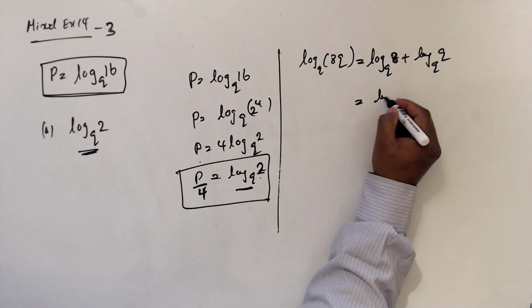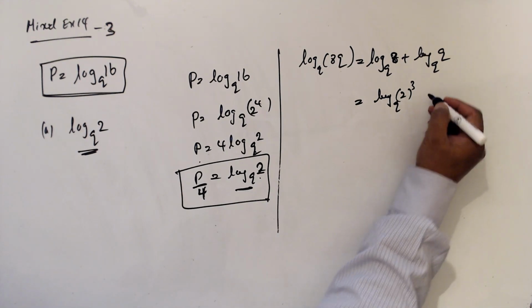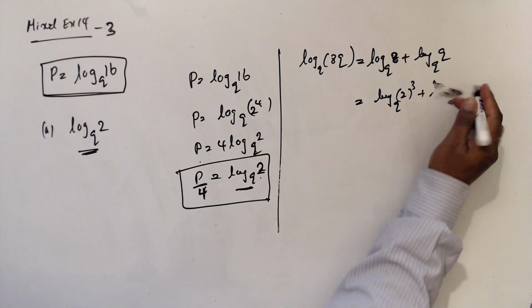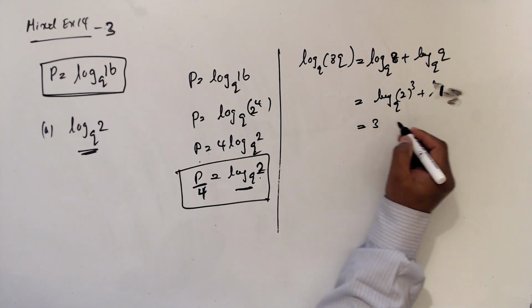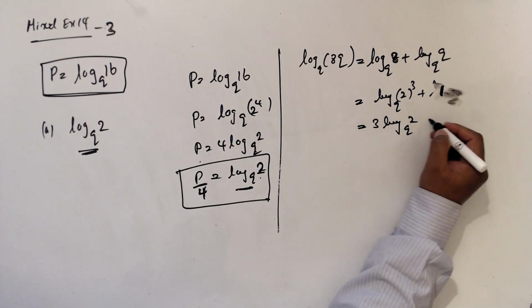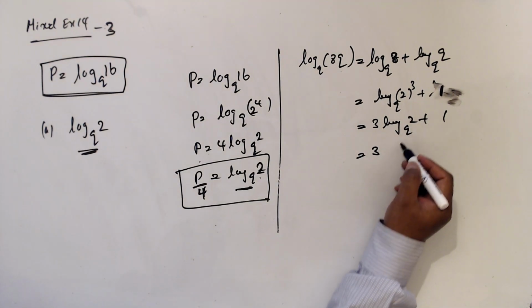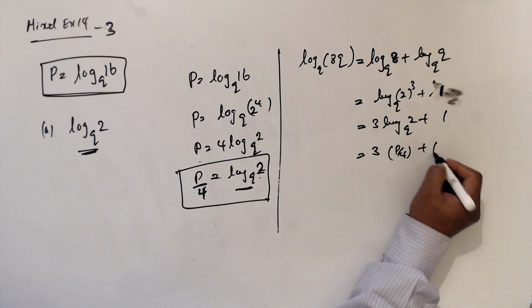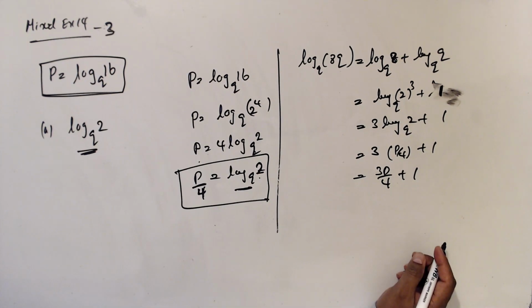So log Q to the power 2 cubed 8 is log Q to the power Q is 1 now, and this is going to be 3 log Q 2 plus 1. Now log Q to the power 2 is, we know, P divided by 4 plus 1. So 3P over 4 plus 1.